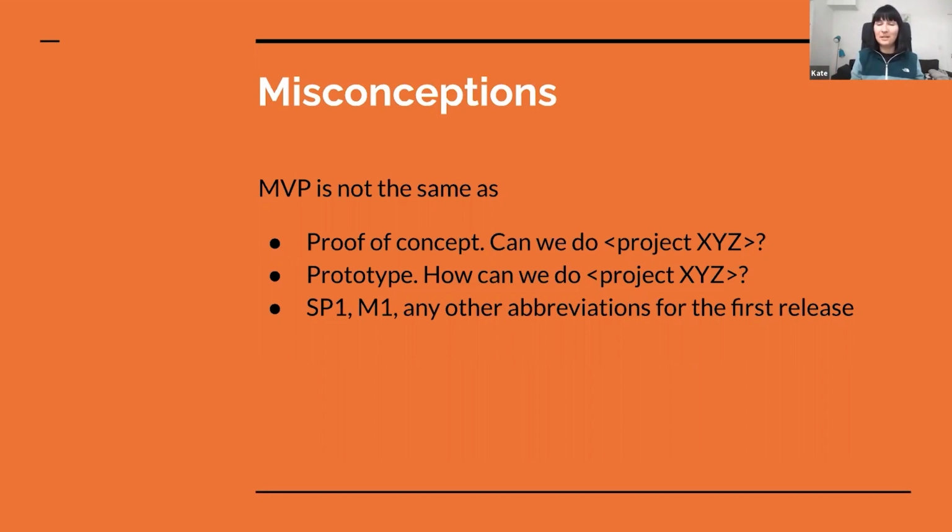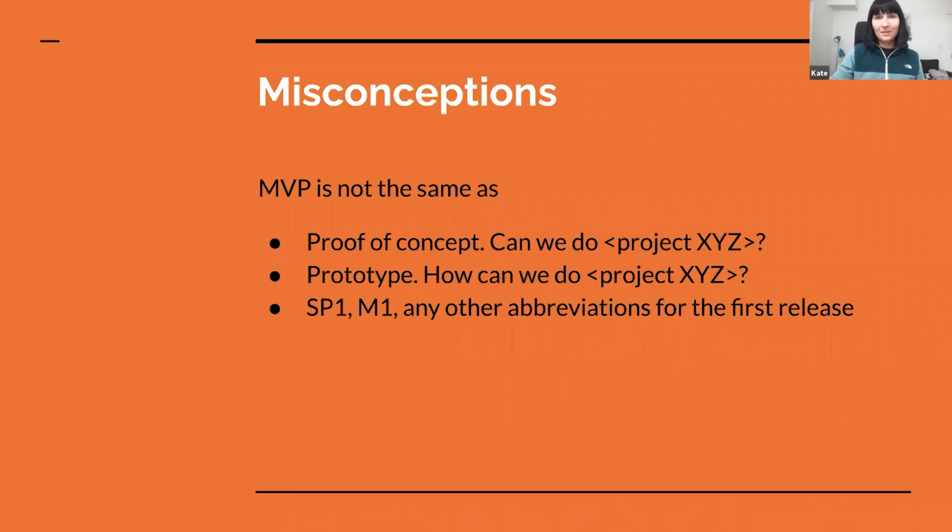In that case, it's not really the MVP approach, because you don't account for iterating on the feedback and on the data you get. However, ship point one, or release one, or milestone one, may as well be MVP, so don't get confused if sometimes that's the case and sometimes it's not.